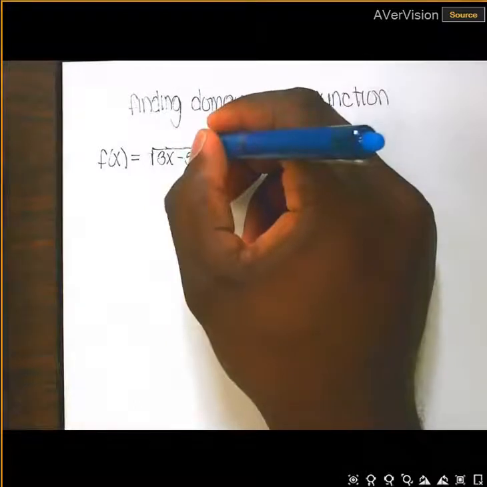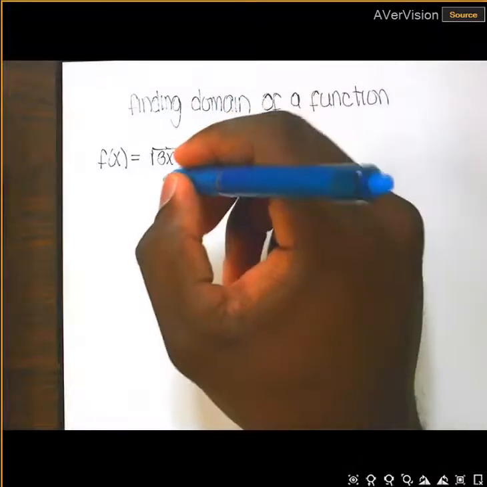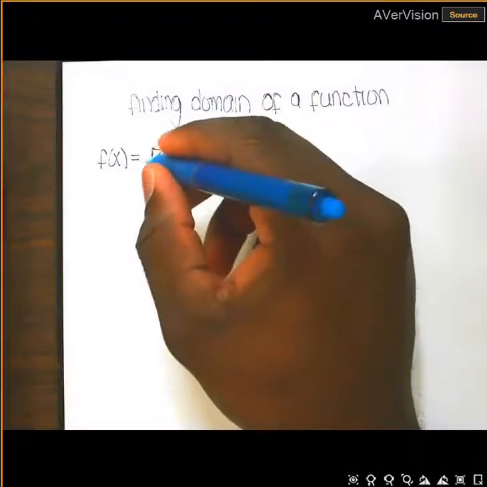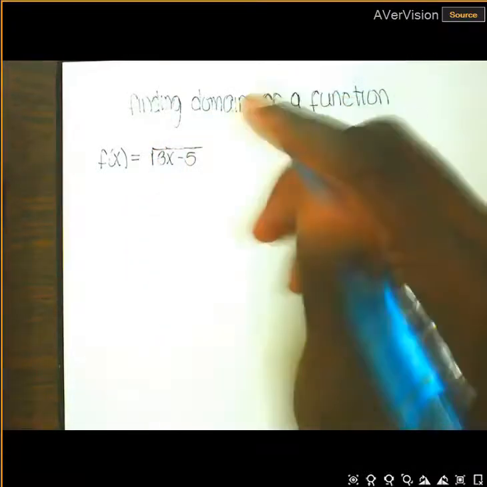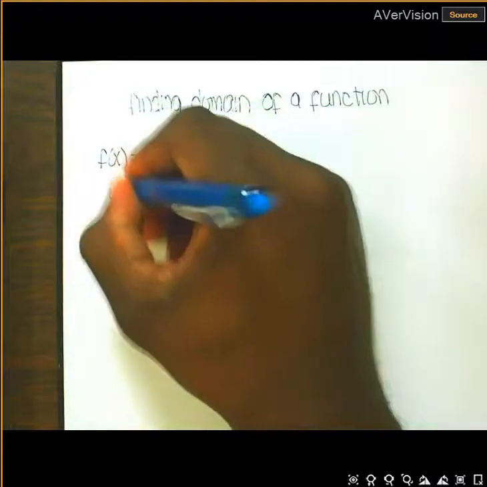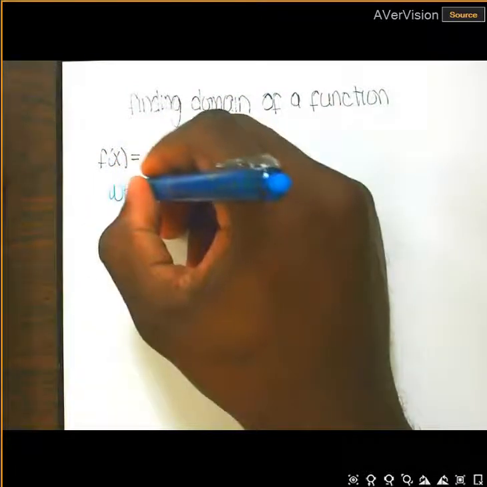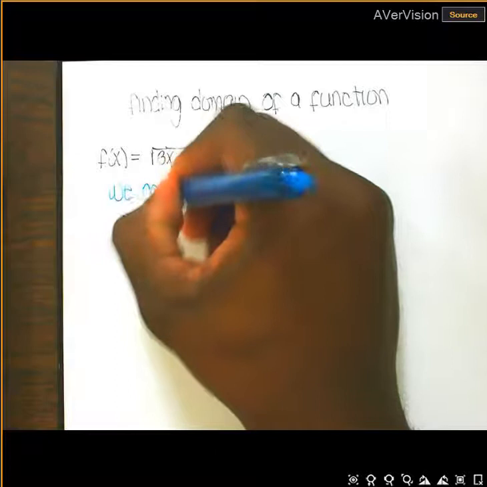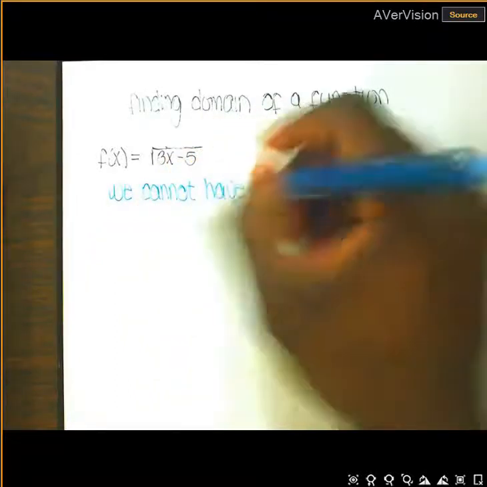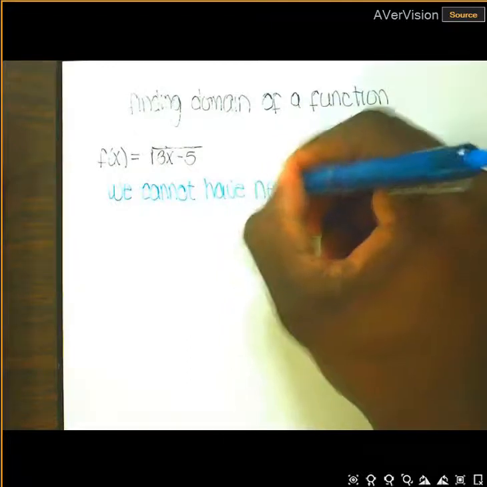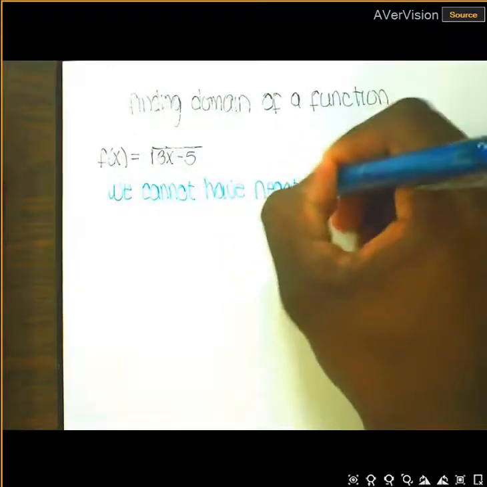For square roots, where does the function not exist? What can we not have with square roots? We're allowed to have 0. We cannot have negative radicands.